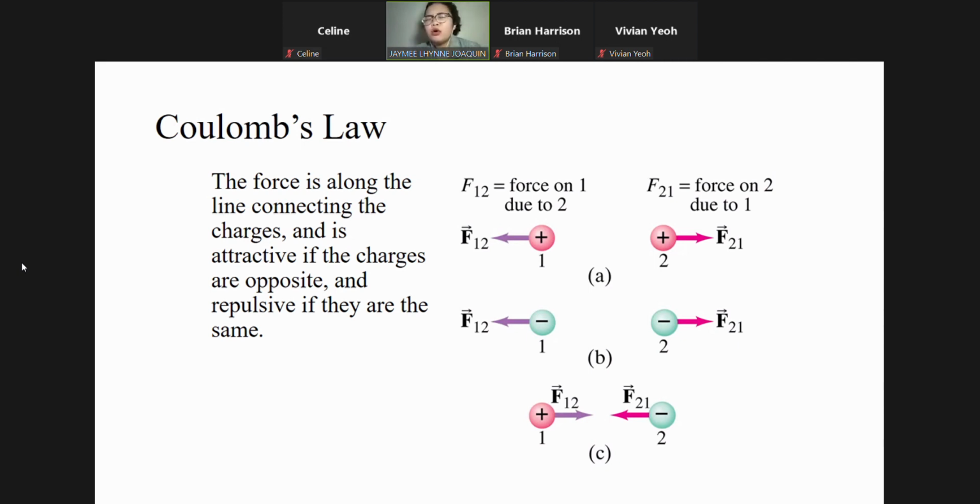So we know that we have positive and negative charges as part of your atom. So you have your protons and your electrons.